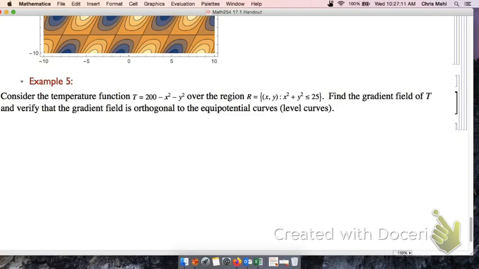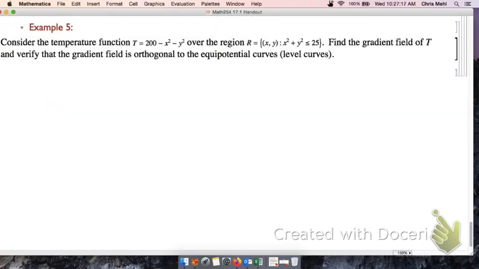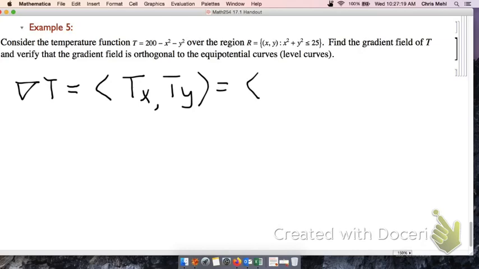Alright, so I want to find the gradient field of T. The gradient field of capital T is just the partial derivatives, Tx, Ty, which is pretty easy in this case: minus 2x, minus 2y.